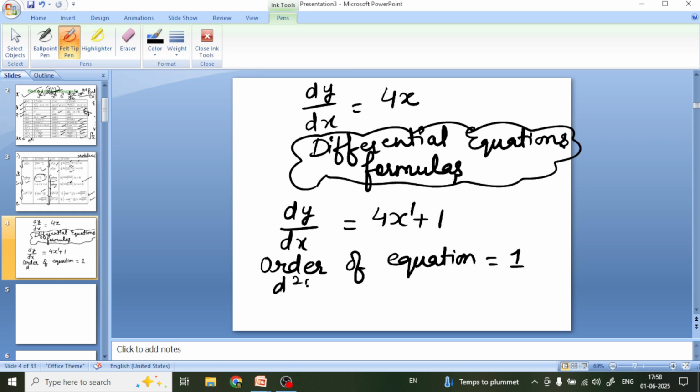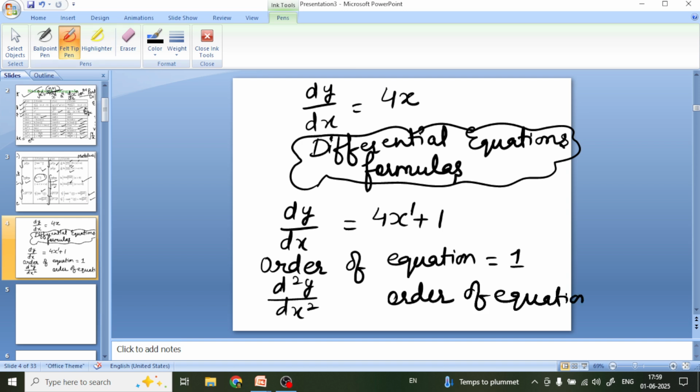If you are given d square y over dx square, then if you find the second derivative, you can say the order of the equation is equal to 2.